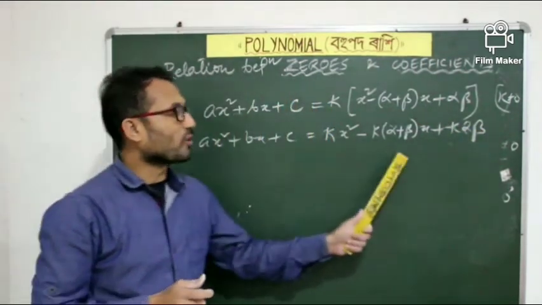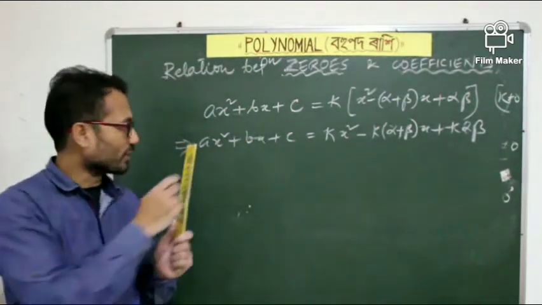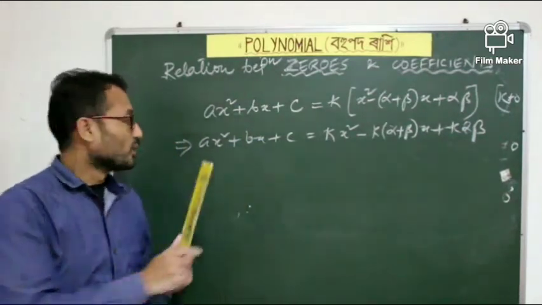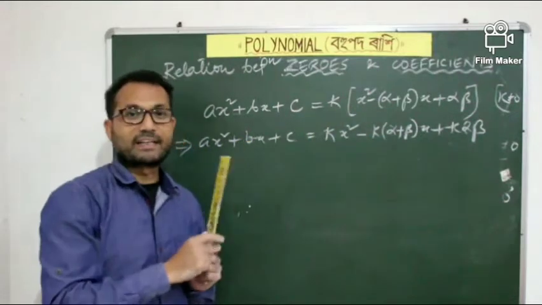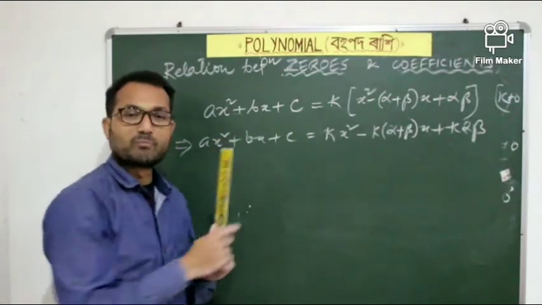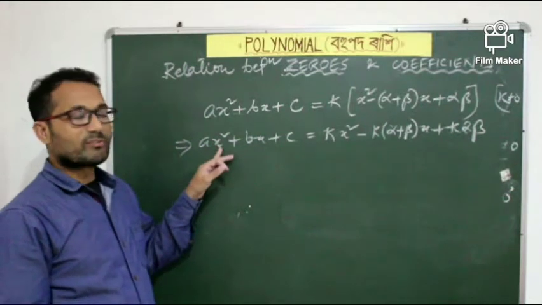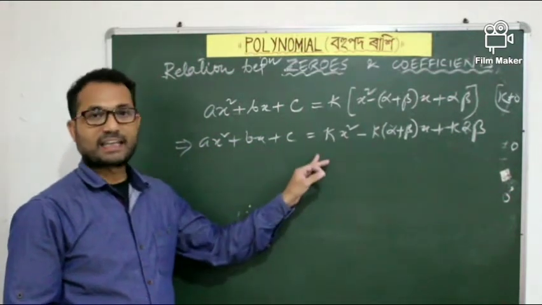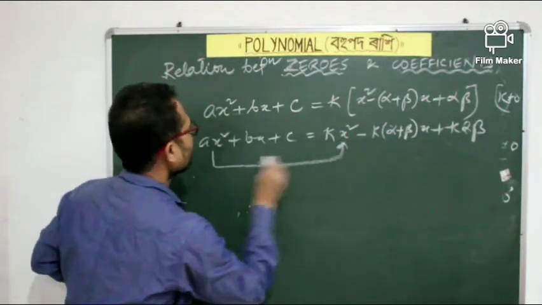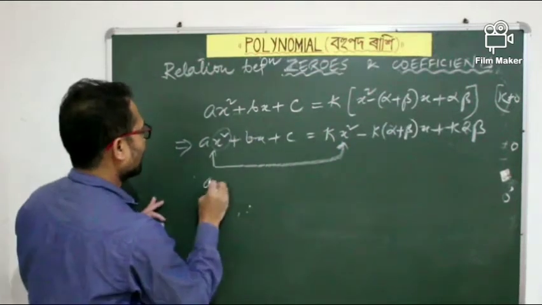Now we compare the coefficients of the same variable, the same degree of variable, on both sides. The coefficient of x squared is a here and k there, so a equals k.